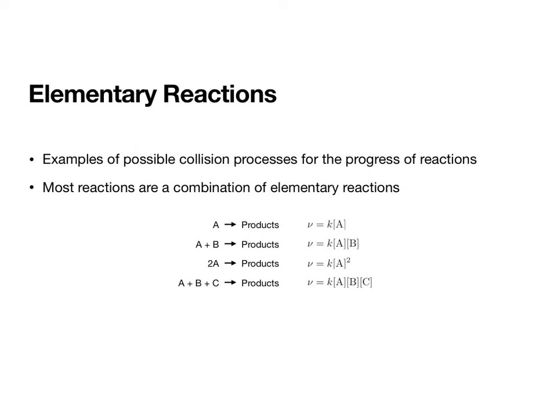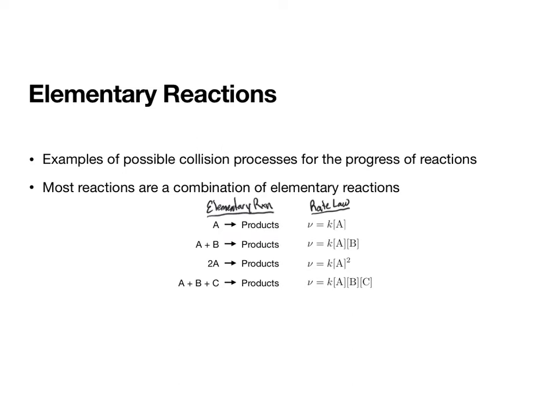If we are thinking about an elementary reaction, we can use the balanced chemical equation to determine the form of the rate law. And this is only true for elementary reactions.